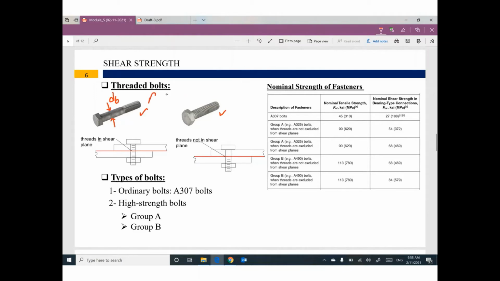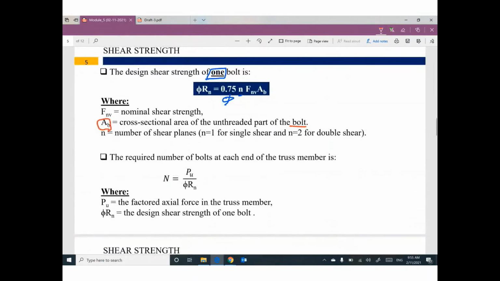The area of the bolt equals pi divided by 4 times this diameter squared, because the cross-sectional area of the bolt is a circle. If you know the diameter, I can tell you the area of the cross-section of this bolt. So area A_b is the cross-sectional area of the bolt.